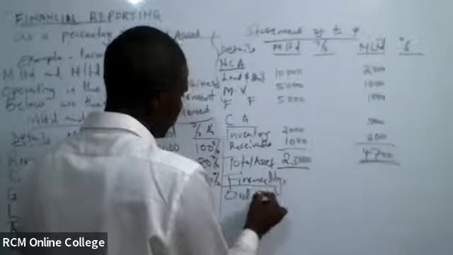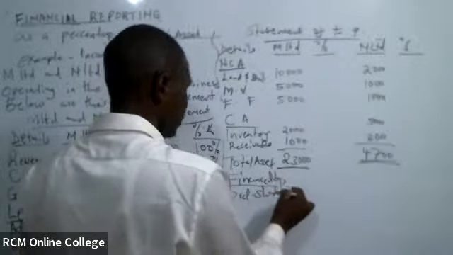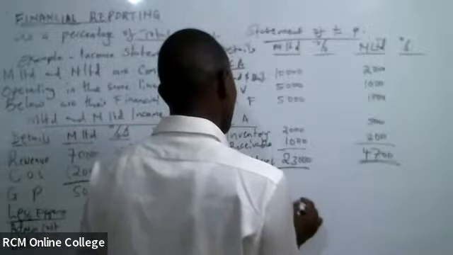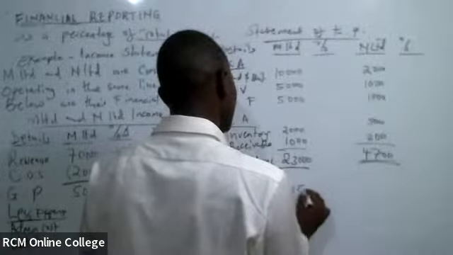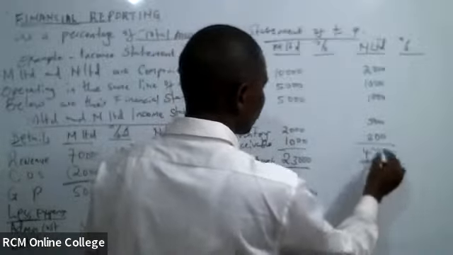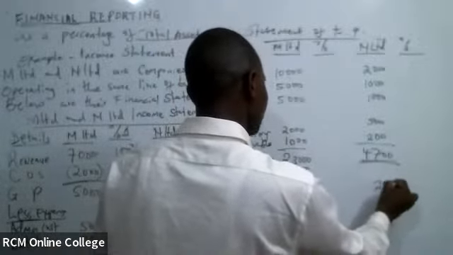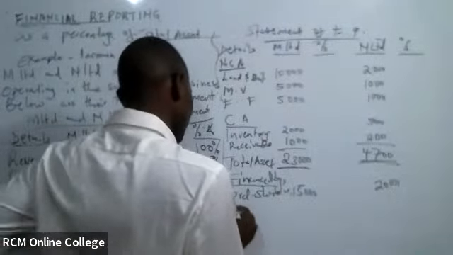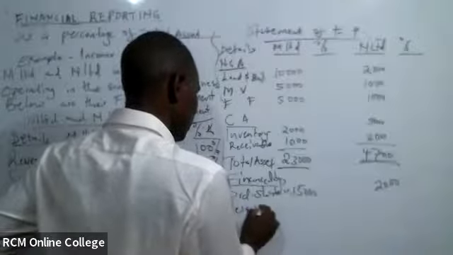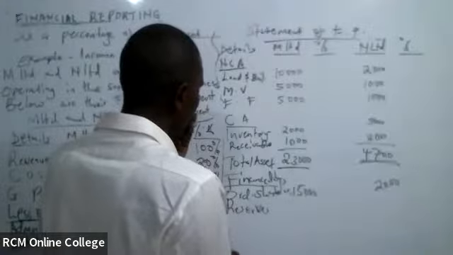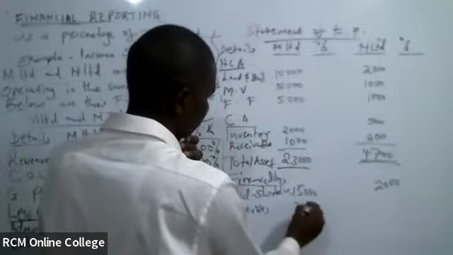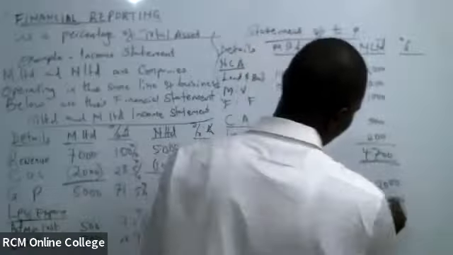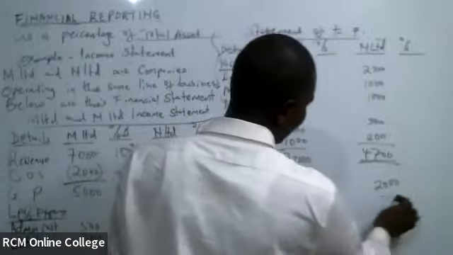Ordinary share capital. Here I have 15,000, and here 2,000. Reserves: 3,000. Let me calculate, here I have 700, sorry, 700.